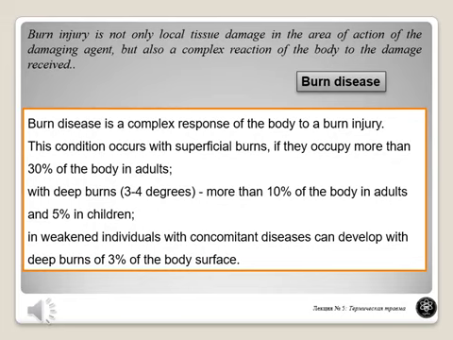In childhood, as I said, the situation is much worse. 5% of the surface of deep burns can cause burn disease. In weakened persons with concomitant diseases, burn disease can develop after deep burns with an area of 3% of the body surface. Believe me, that is a burn quite small in area.